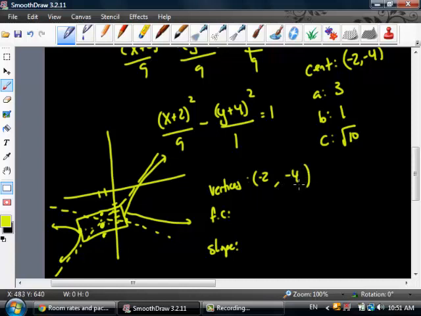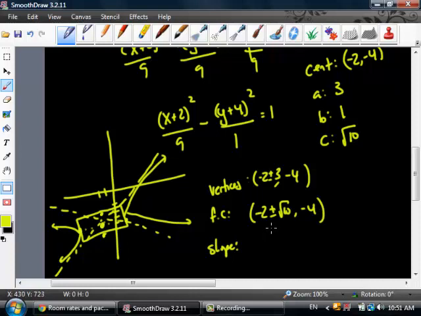Which one gets the plus or minus? Lauren? The x, because we had to move side to side, right? Negative 2 plus or minus 3, which means the focal coordinates are negative 2 plus or minus rad 10, comma, negative 4.